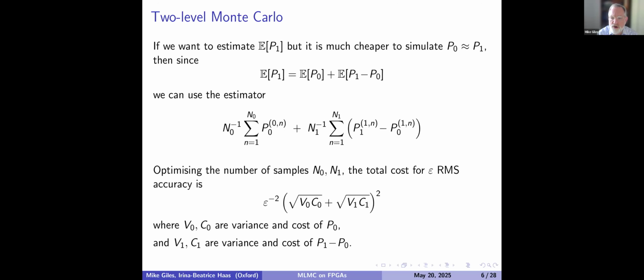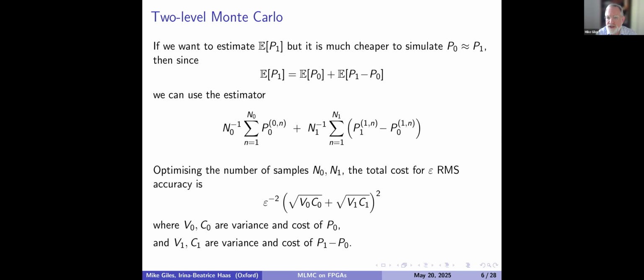And then, rather than using Monte Carlo to estimate the left-hand side, we instead use Monte Carlo to independently estimate each of the two right-hand side terms. And so we use the following estimator, where we have N0 samples for estimating the expected value of P0, but N1 samples for estimating the expected value of the difference.